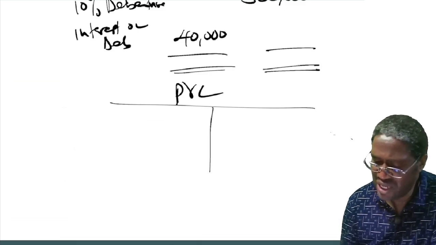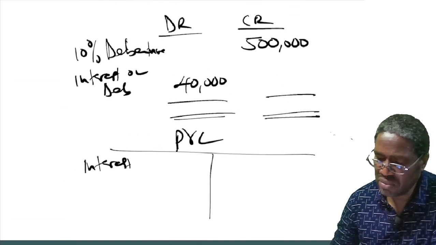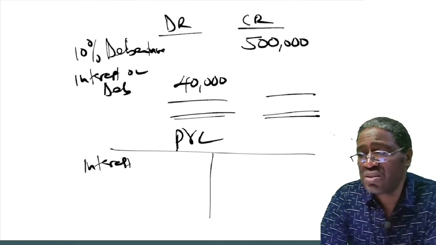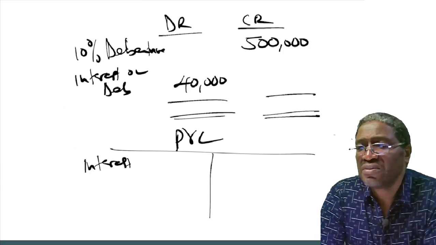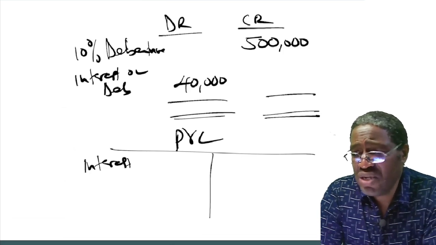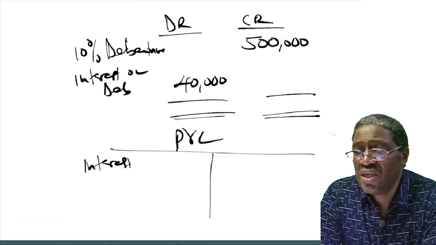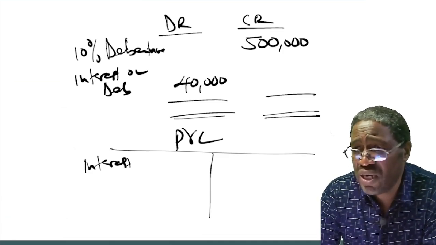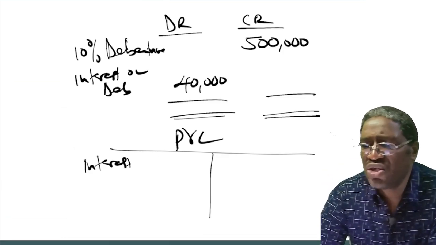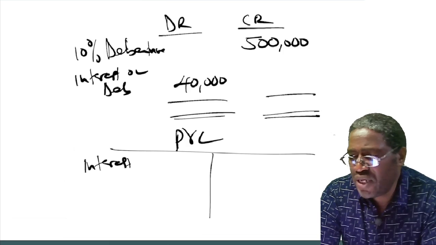In that P&L account, how much were you charging as interest? Look at that trial balance. You have a 10% debenture at 500,000, and interest on debenture amounting to 40,000. Then you are told, prepare an income statement or P&L.